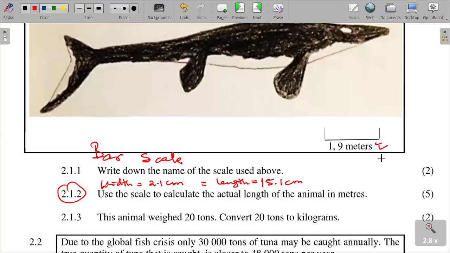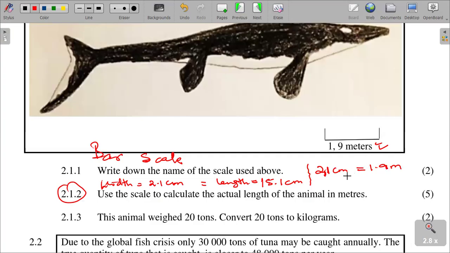So you measure the fish, and what we are saying is that 2.1 centimeters is equal to 1.9 meters, that is given there.